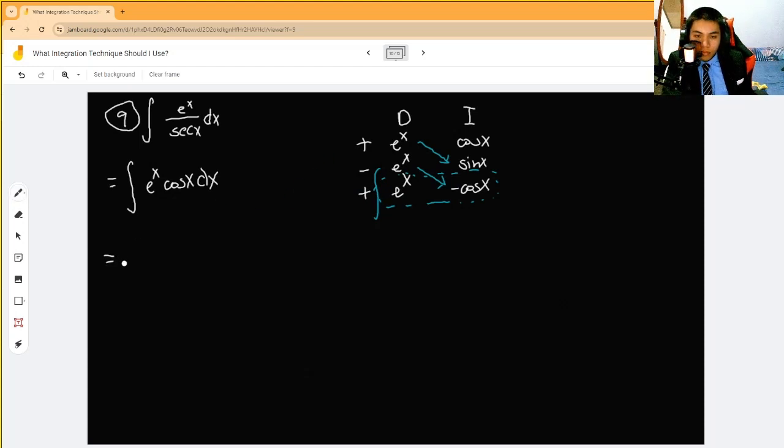So let's do that. I think we can fit it here. So we have e to the x sine x minus e to the x, is it a plus? Yeah, that's a plus, since negative times negative is plus, cosine x. Let's just do this at the bottom.